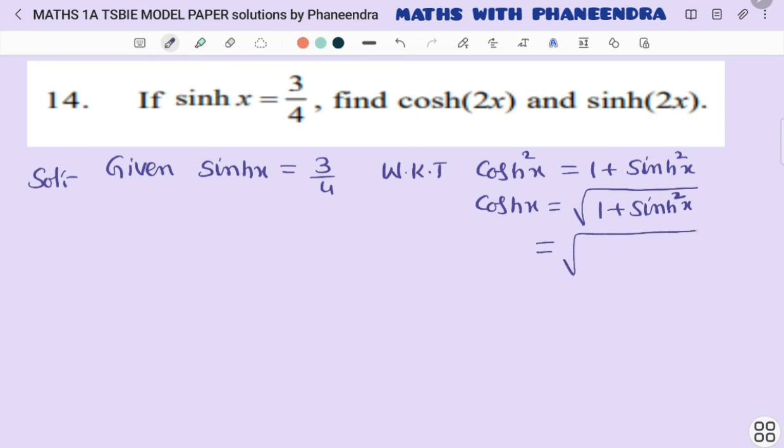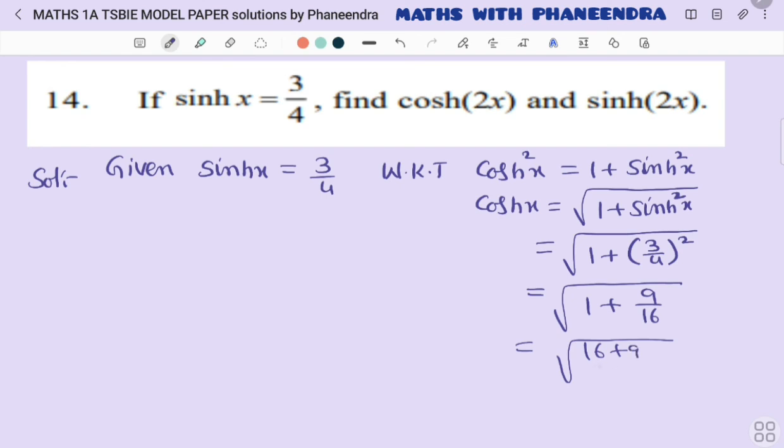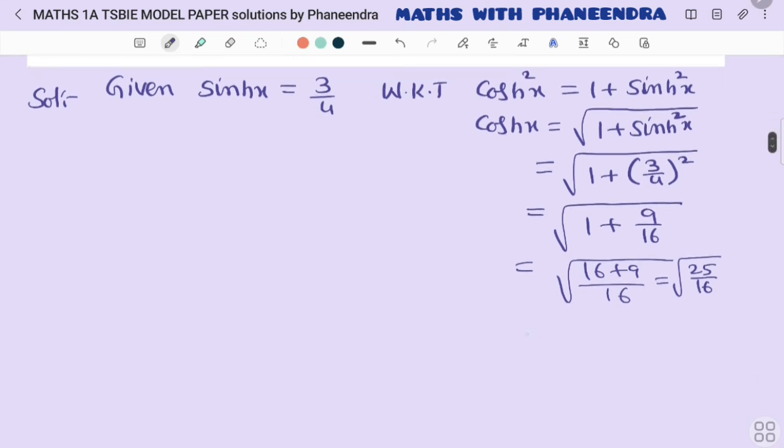So, square root of 1 plus 3 by 4 whole square, square root of 1 plus 9 by 16, square root of 16 plus 9 divided by 16, root of 25 by 16, which is equal to 5 by 4. This is cosh x. So, the cosh x value we know, and the sinh x value also we know.